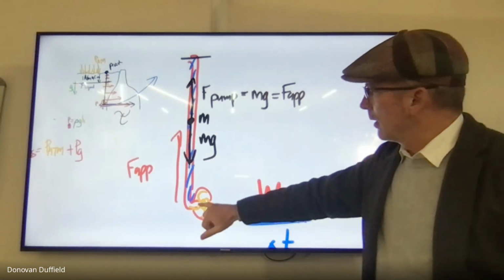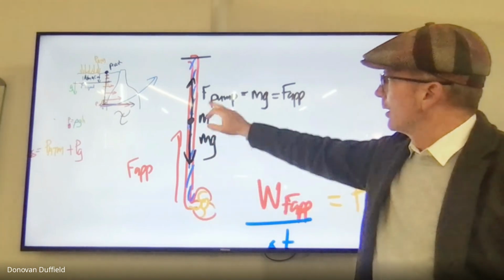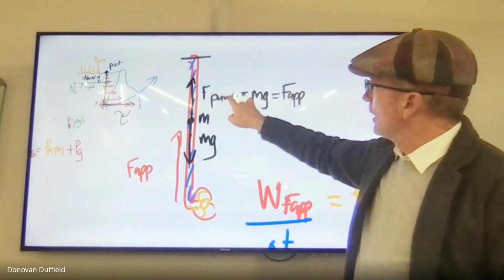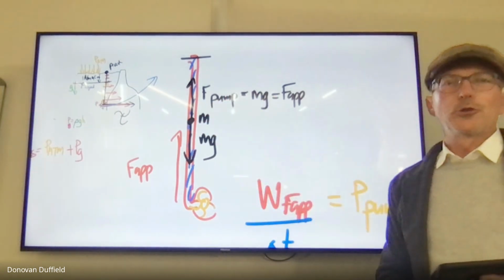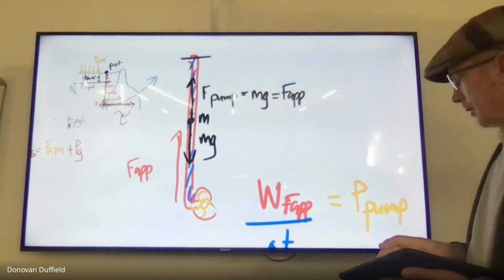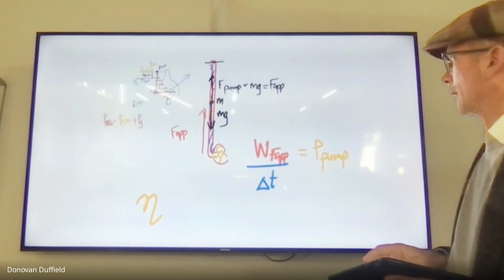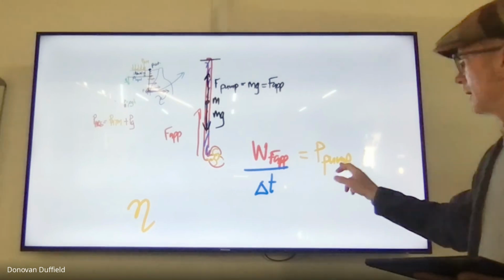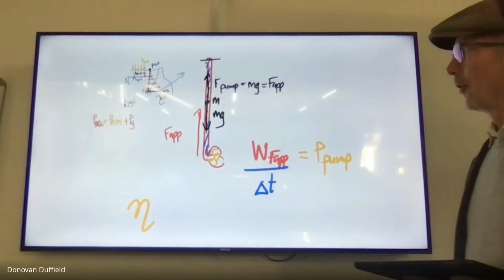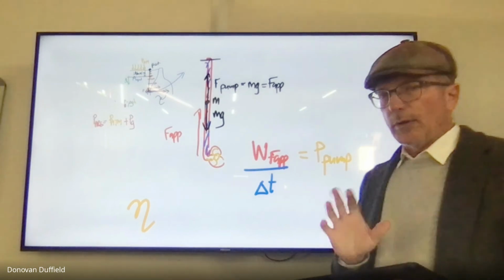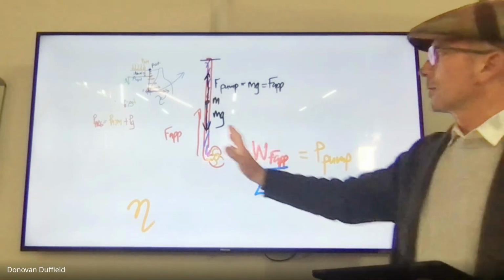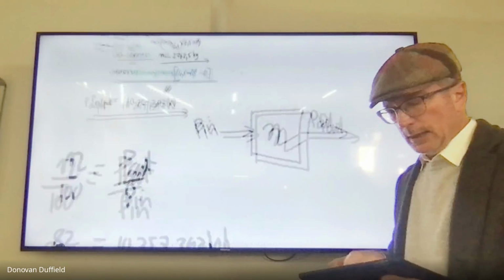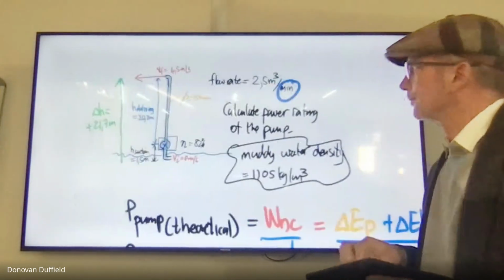So the force that the pump applies on the water, which we've represented there, we've drawn a free body diagram of the water, has got to be equal in magnitude to the weight of the water. So therefore, the work done by the applied force over delta T is going to be the power of the pump. Now, things can get very complicated. We're not going to worry about what's on the left here. That is efficiency. So let's take a look at an example.